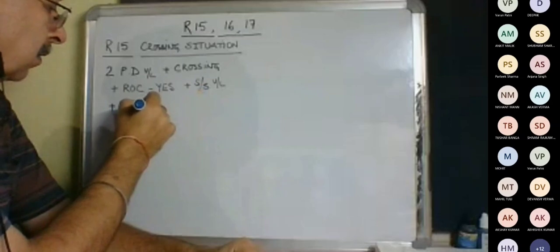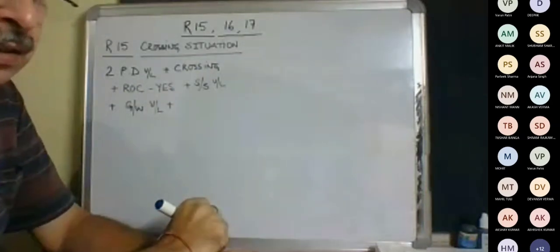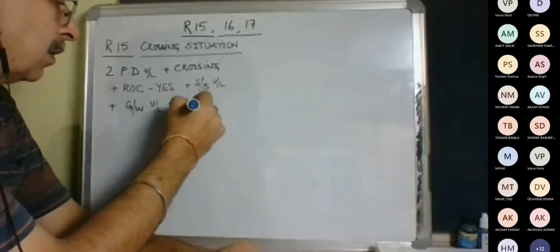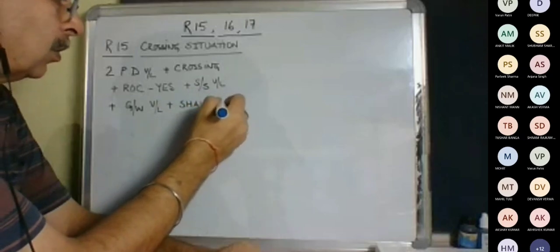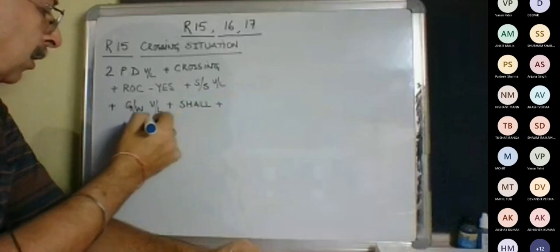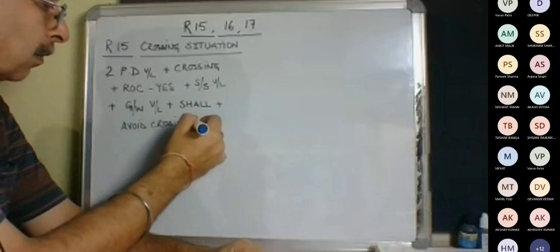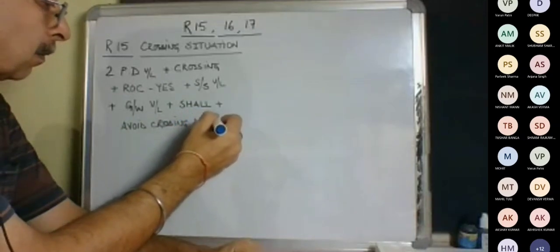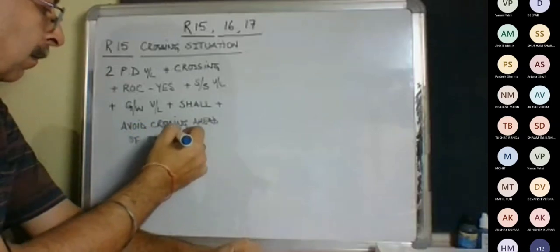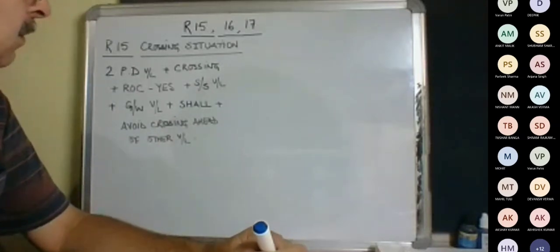That means she becomes the give way vessel, and shall, if the circumstances of the case admit, avoid crossing ahead of the other vessel.